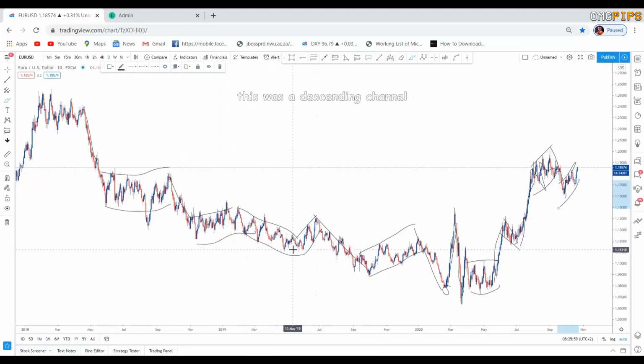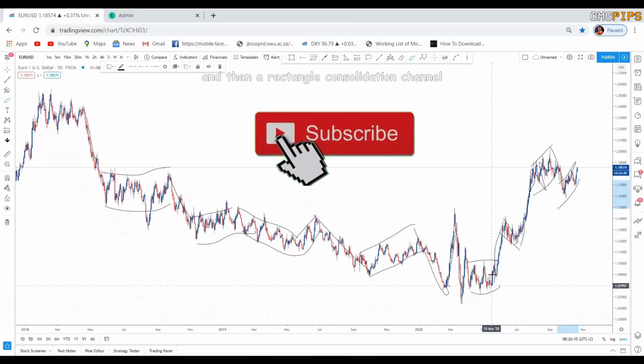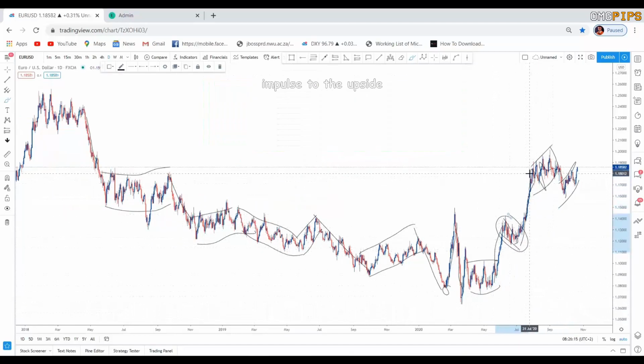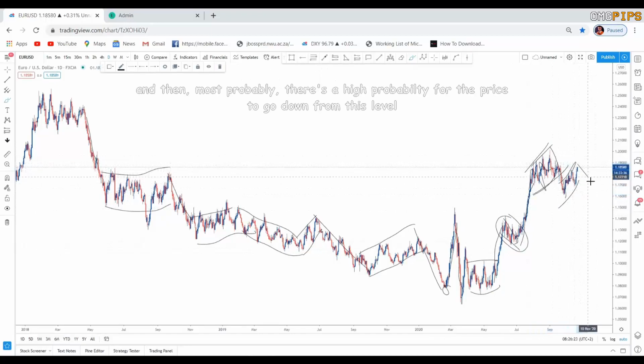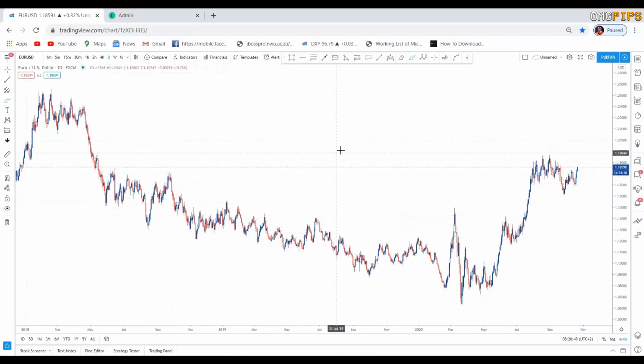This was a descending channel, W formation, and then a rectangle consolidation channel, and then falling wedge, impulse to the upside, and then also, as you can see right there, it's an ascending type nature, push to the downside, rising wedge, and then most probably there's a high probability for the price to go down from this level. So that's how I literally discover what's going to happen in the near future. So let's erase everything right now and start analyzing our market.